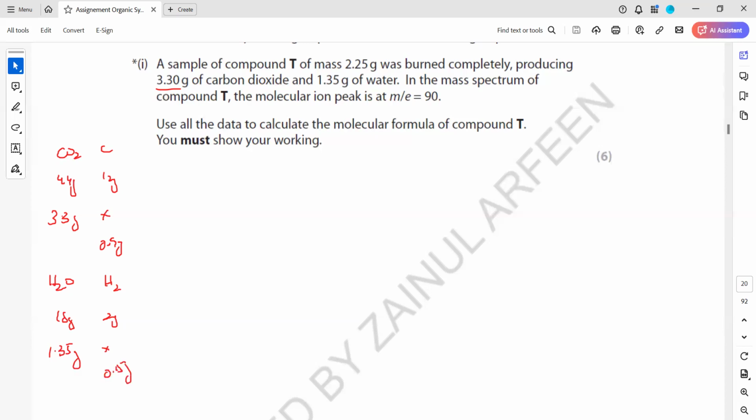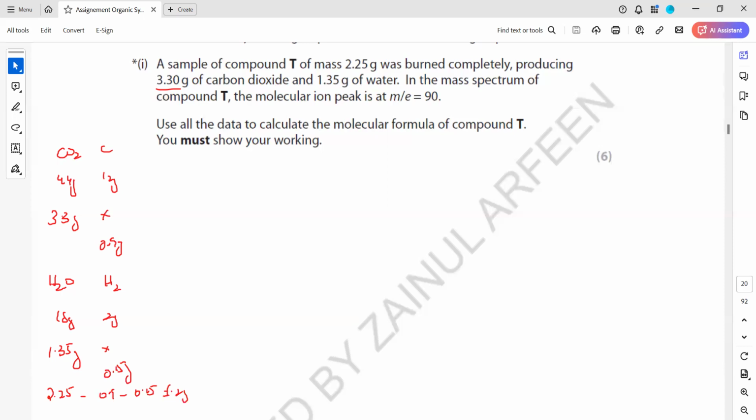Then to know the amount of oxygen, we have to subtract from the total, because the total mass is 2.25. So to get oxygen: 2.25 minus 0.9 minus 0.15. That will give us the mass of oxygen, which is 1.2.